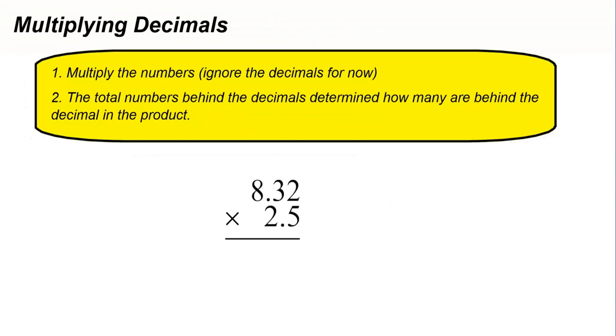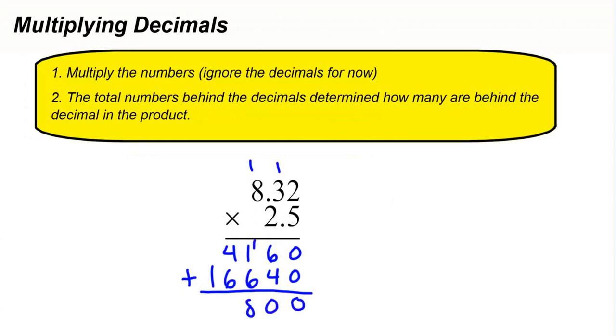To multiply this, I'm just going to multiply it as if the decimals weren't there. 5 times 2 is 10. 5 times 3 is 15, plus 1 is 16, and 5 times 8 is 40, plus 1 is 41. Add a 0. 2 times 2 is 4, 2 times 3 is 6, 2 times 8 is 16, and then add these together: 0, 10, 8, 10, 2.